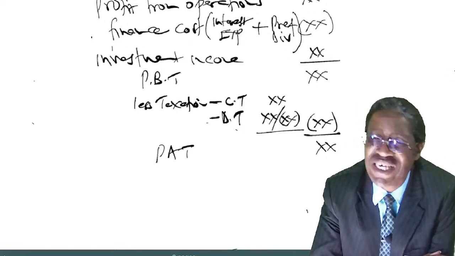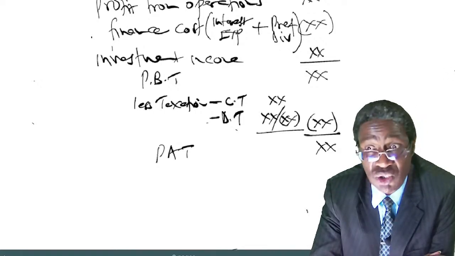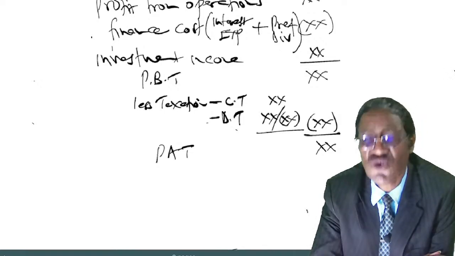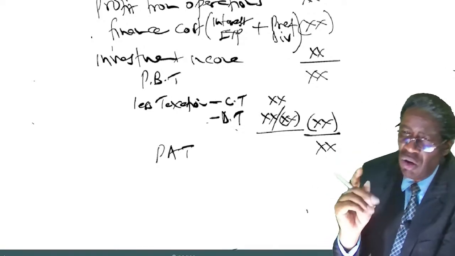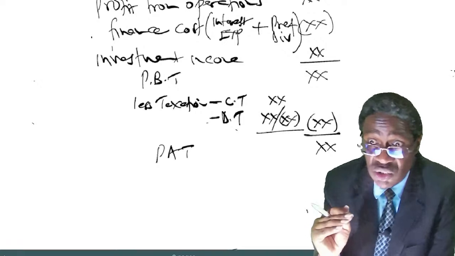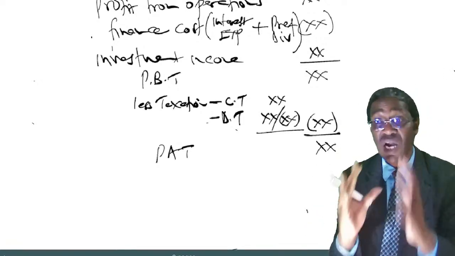But for publication purposes, that's the point I'm saying, for publication purposes, we do not show the workings, or we don't show the appropriations of the profit on the face of the income statement.